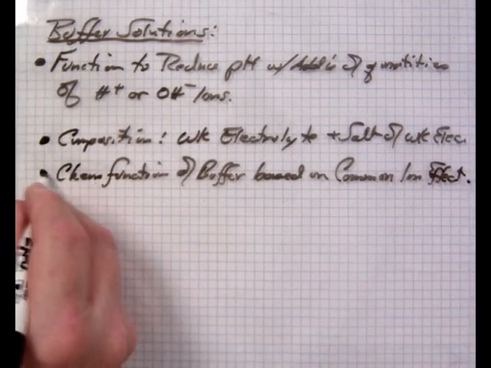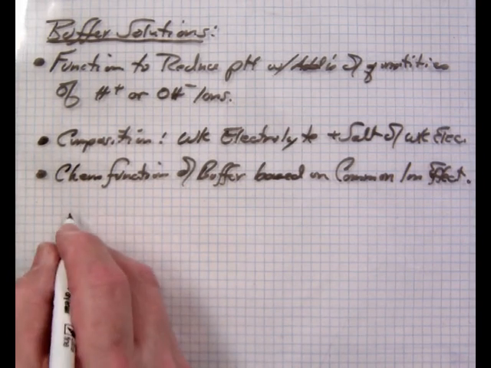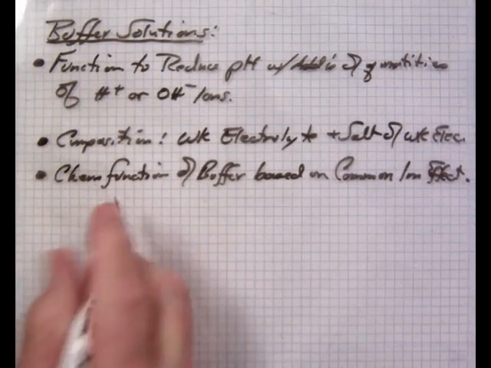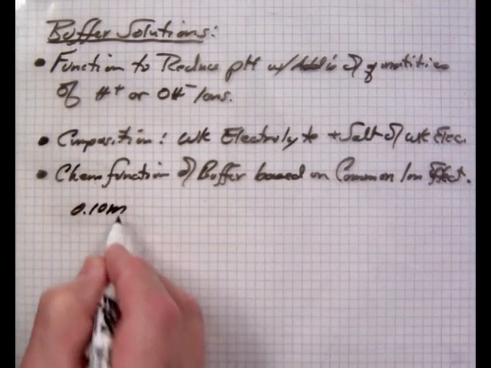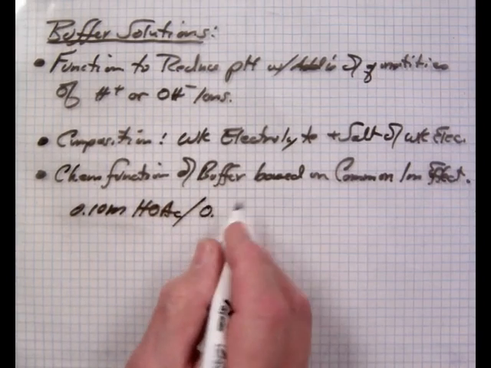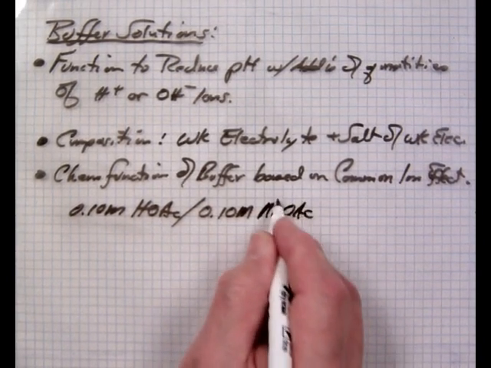So if you want to solve problems with buffer solutions and so forth, you solve them as though they were common ion problems. All right. So if we had a HOAc, let me give you some numbers: 0.10 molar HOAc, I'm picking easy numbers to get through this, and 0.10 molar sodium acetate.